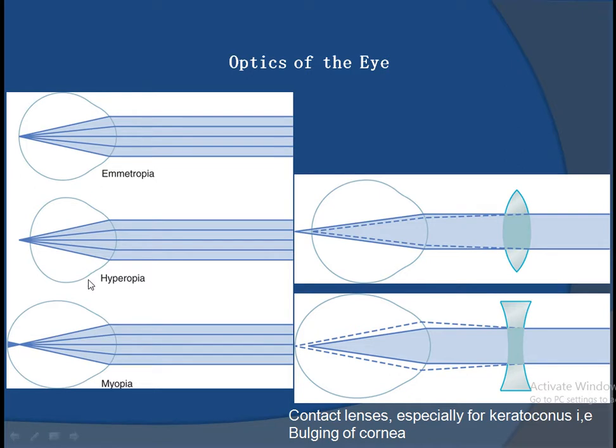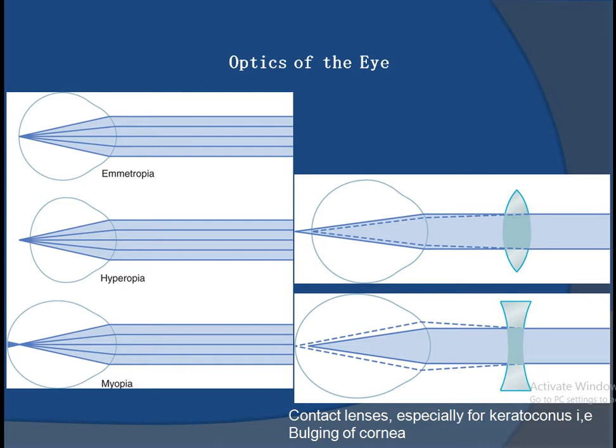So the other choice is to change the refractive power, either of the cornea or the lens. And this is a very simple treatment: you are going to prescribe glasses with a convex lens to treat hyperopia, so that the image is now formed on the retina instead of behind the retina.